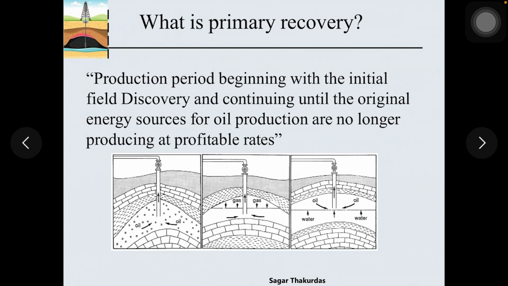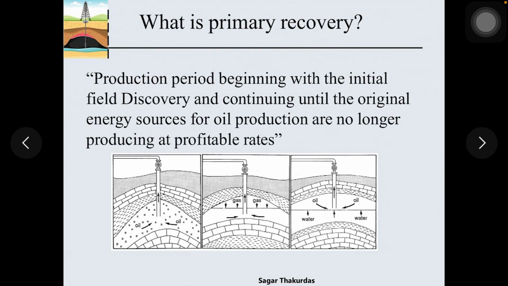Once the natural source of energy is exhausted, we can go for artificial lift methods where pumps can be installed inside the wellbore, downhole, or we can install sucker rod pump. So all the artificial recovery methods are associated with natural recovery only.